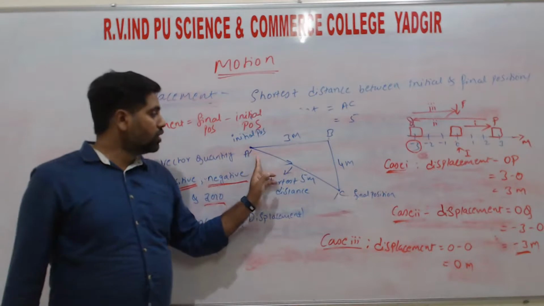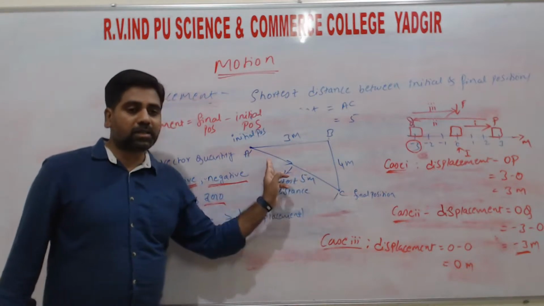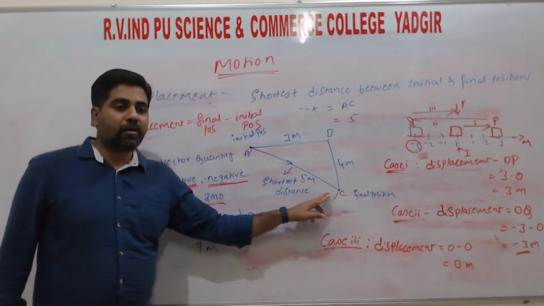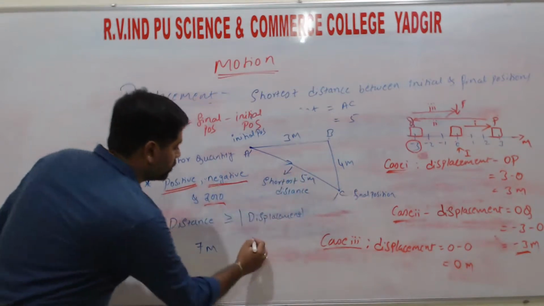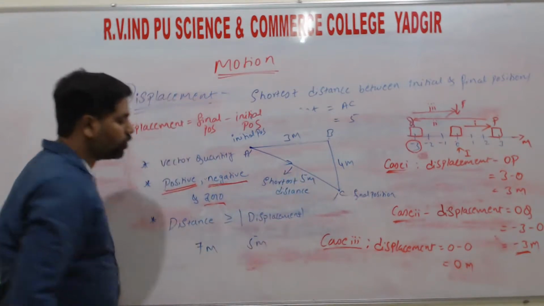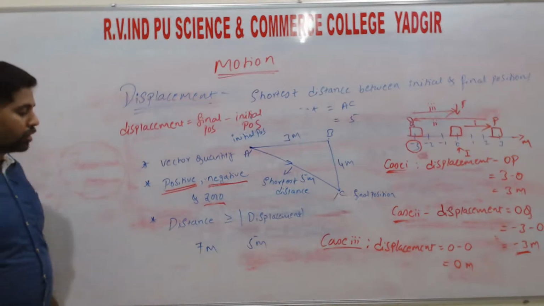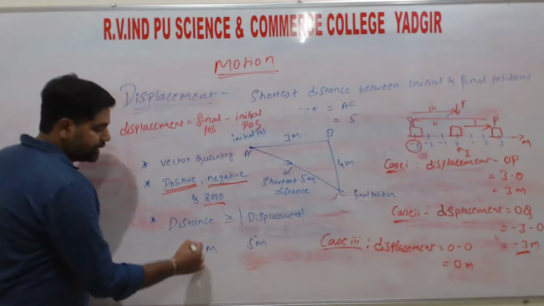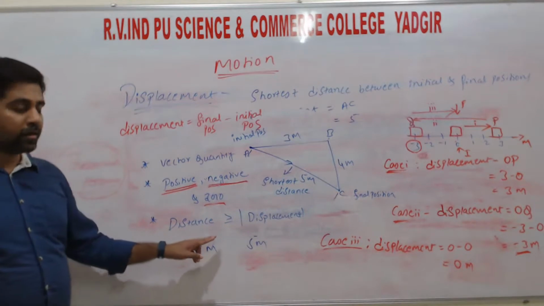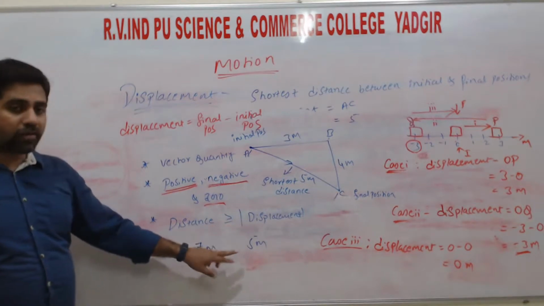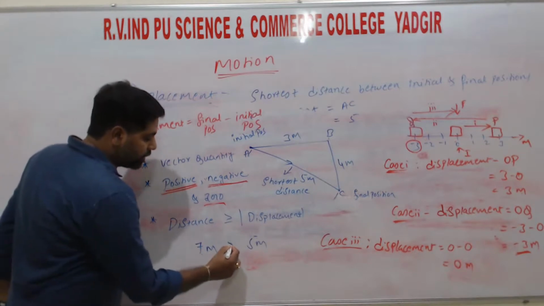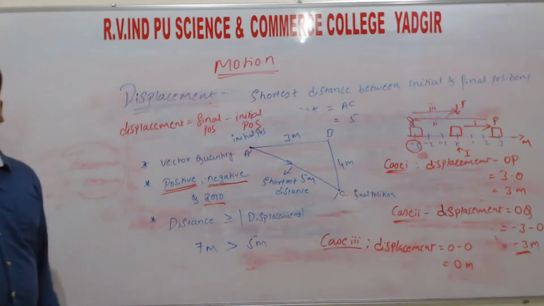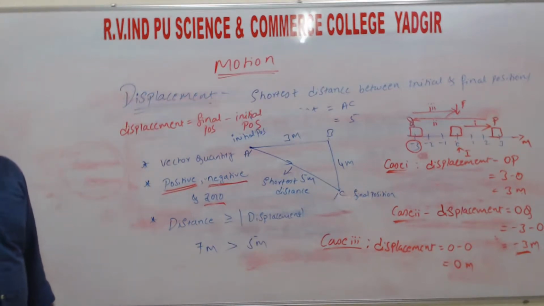So if you observe, the displacement is the shortest distance between the initial and final position. So that is how much here? 5 meter, right? In that example, the condition is greater than or equal to. Here 7 meter is greater than 5 meter, right?